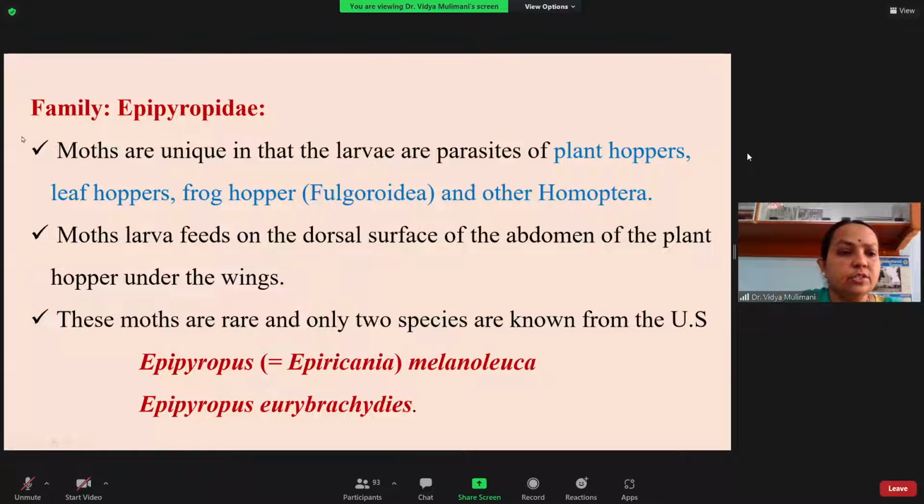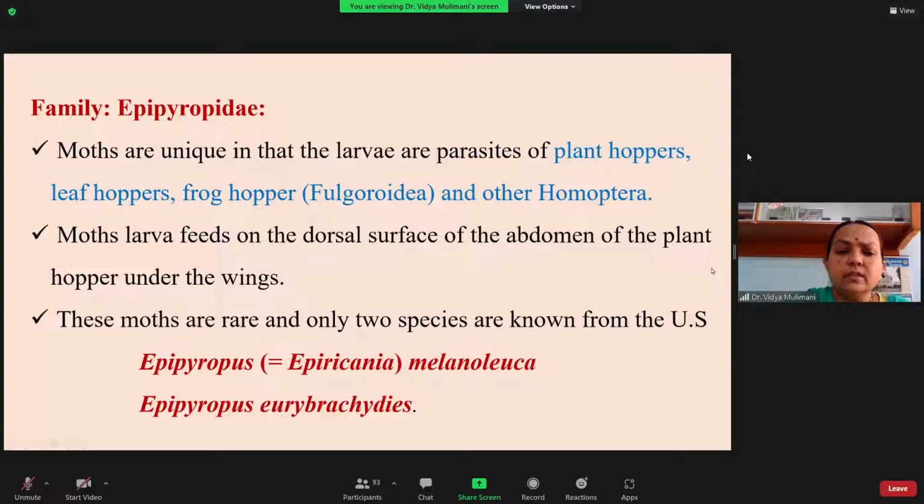I think you have now understood what I was telling. Here I have given you the example of the Pirilla, which is mainly attacking the hopper, the Fulgoroidea, coming under the Lophopidae, that is the frog hopper and other Homoptera. The moth larvae feed on the dorsal surface of the abdomen of the plant hopper under the wings.